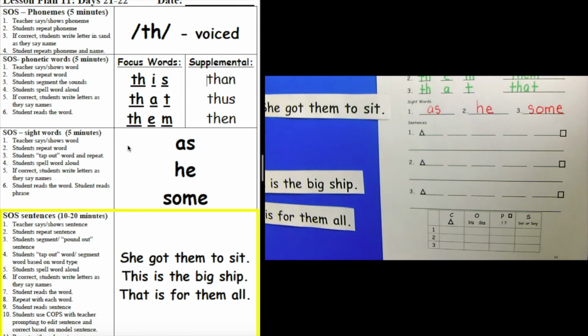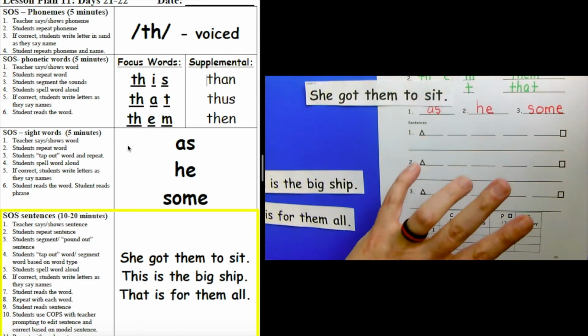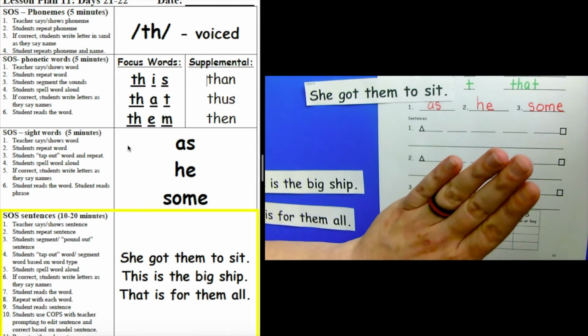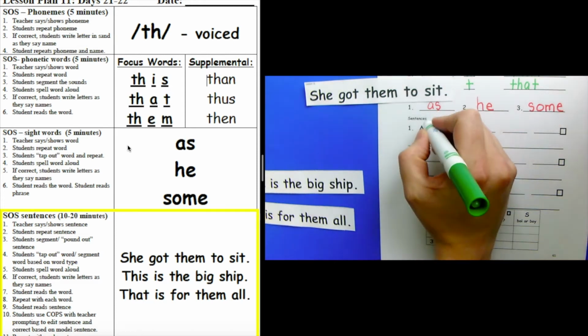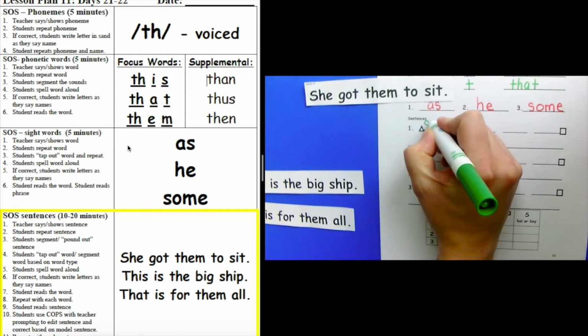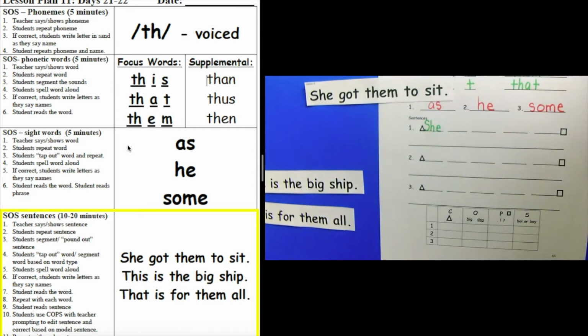Let's break up she. Sh, e, she. That triangle at the beginning reminds them to capitalize. How do we spell she? S-H-E, exactly. Remember, after we segment, we have them spell. So let's write it. S-H-E. She got.